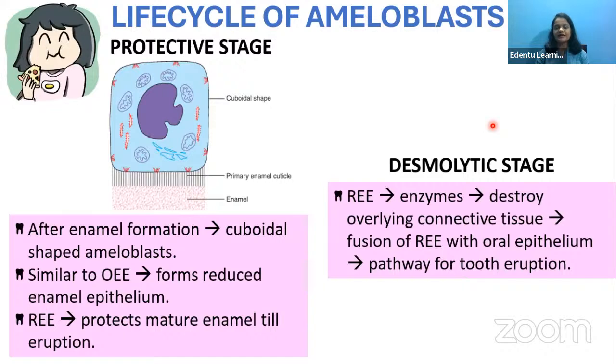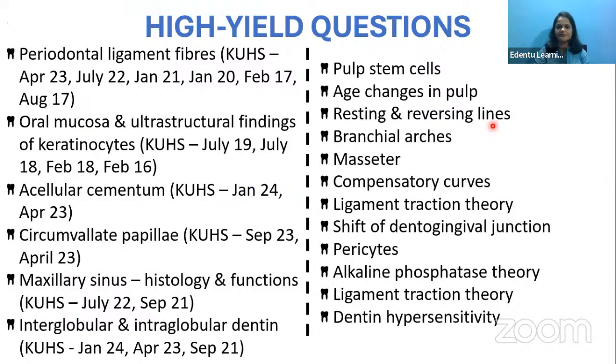These enzymes destroy all the connective tissue around the tooth, and it will go and bind with the overlying oral epithelium. Once it binds with the overlying epithelium, it creates a pathway for eruption of the tooth, with the help of the reduced enamel epithelium.